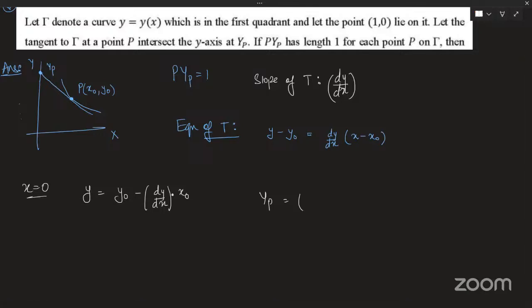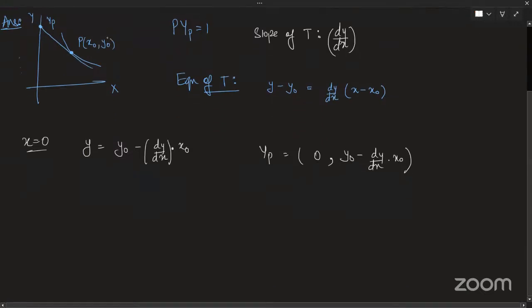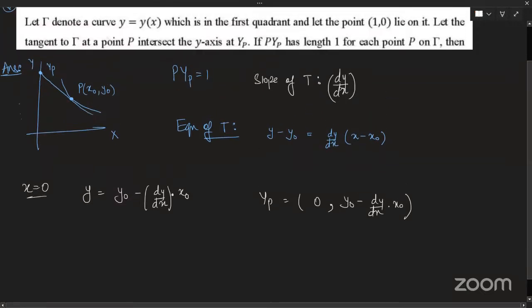So what will be the x coordinate of yp? 0. Great. And what about the y coordinate? We have calculated this: y naught minus dy by dx into x naught. Correct. So this is my point yp, and I know my point p. My point p is x naught comma y naught. Can I calculate the distance between both of them? Can I calculate p yp?